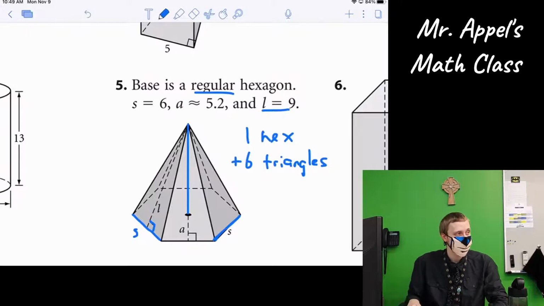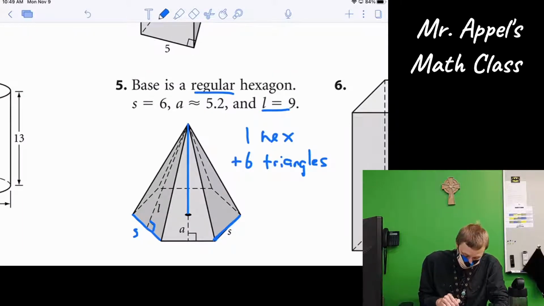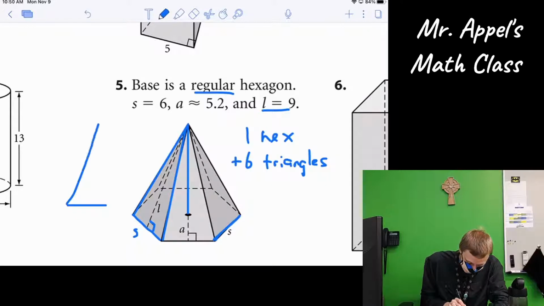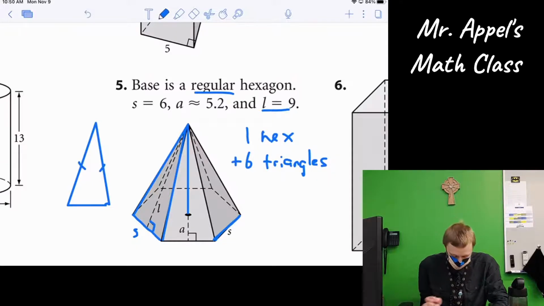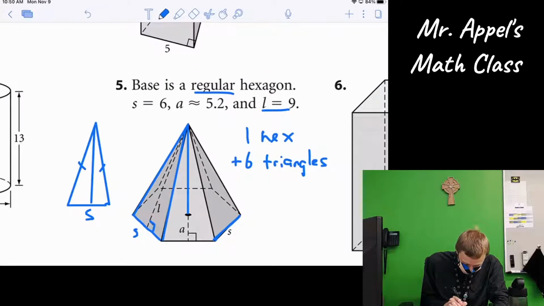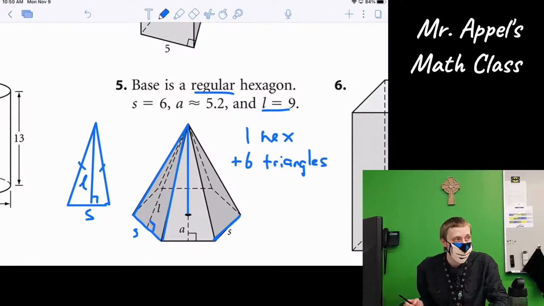Okay? Which means if you were to lift off that piece there, just take this one triangular face, you would have a nice, big, tall isosceles triangle with base S and height L. Okay?